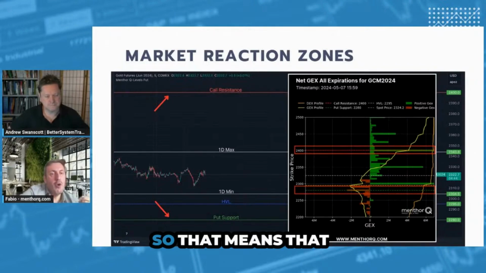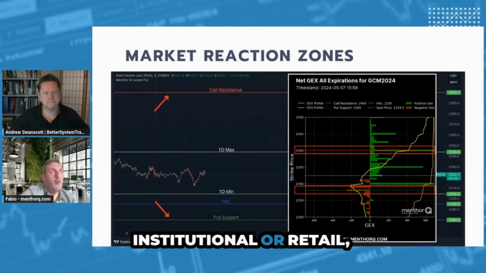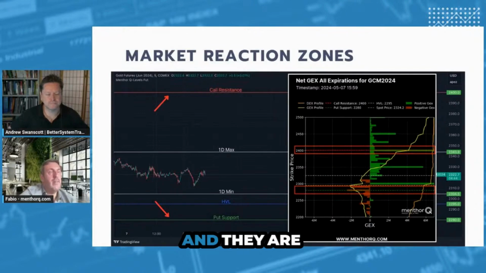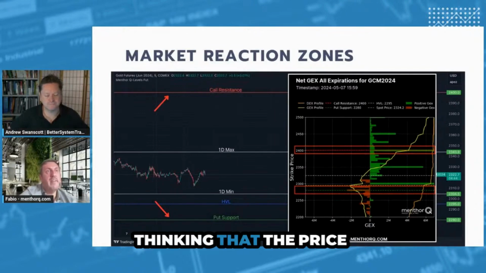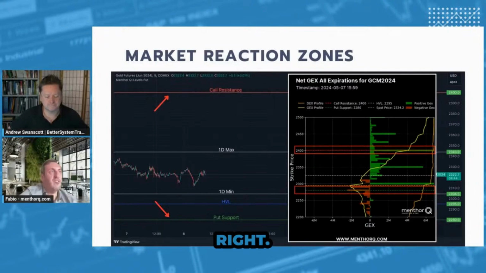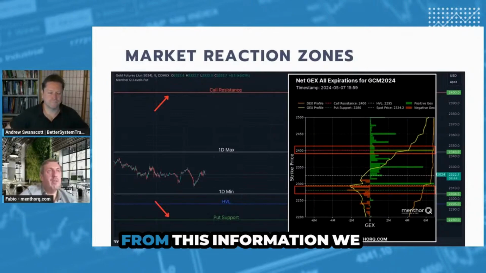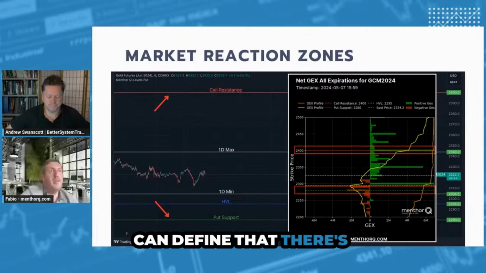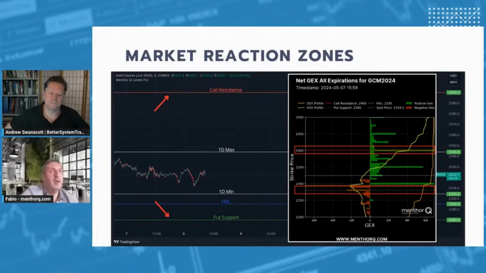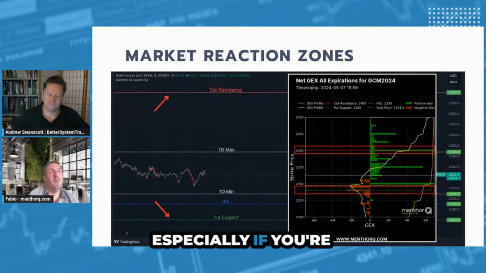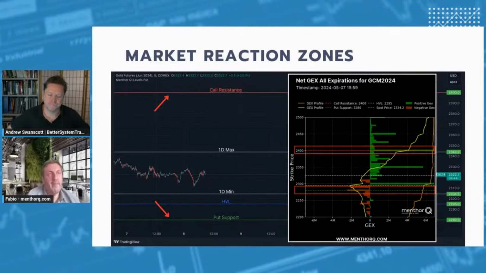That means somebody, whether institutional or retail, has done the research and thinks the price is going to go to that level. Maybe it's not going to go to that level, and we can't predict the future, but from this information, we can define that there's a lot of bullish sentiment in the market compared to bearish sentiment. That's a good indicator, especially if you're looking at support and resistance levels.